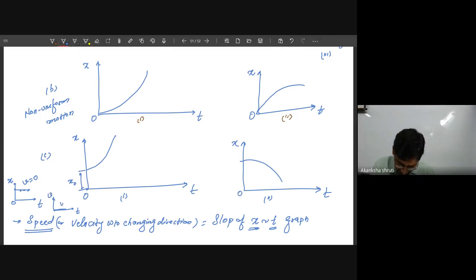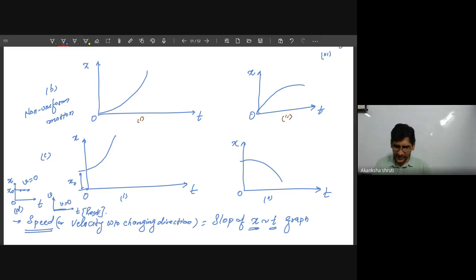So in this case, V is 0. Though x0 is there, here there is even no x0. So these are for the object at rest. So this was basically D. It was for rest.